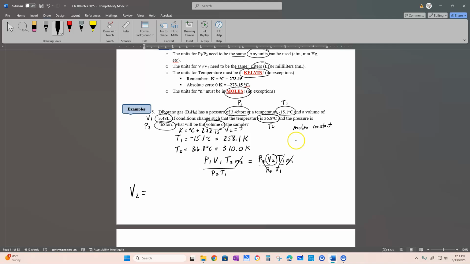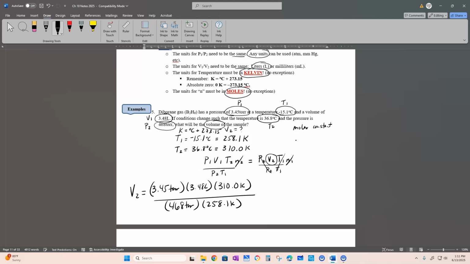My initial pressure was 3.45 torr, and my volume was 3.48. My T2 was this 36.8 degrees, which is 310.0. My P2, pressure 2, was 468 torr. And then my T1, my initial temperature, was 258.